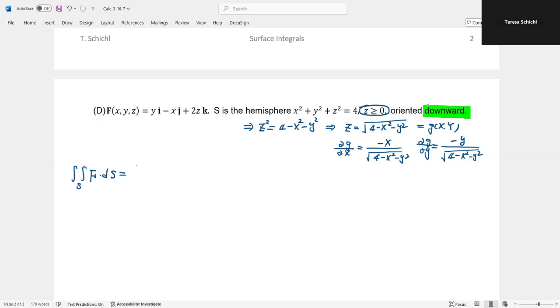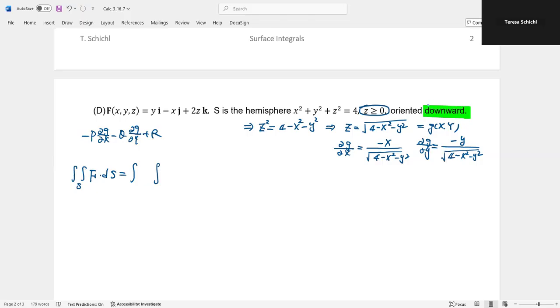Okay, going to be equal to, all right, so remember the formula is negative P ∂g/∂x minus Q ∂g/∂y plus R, right? Okay, now let's see here.